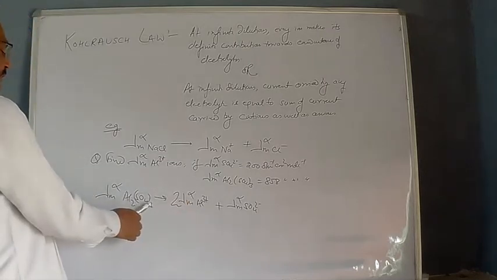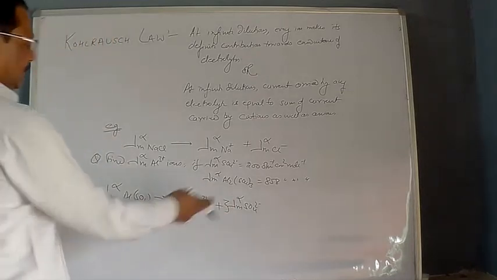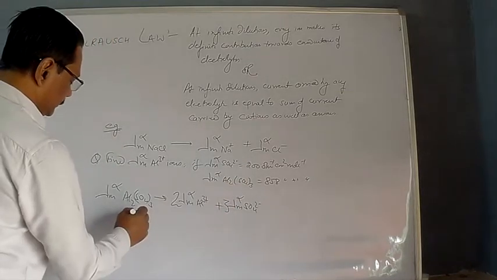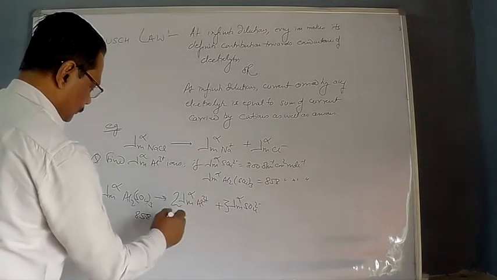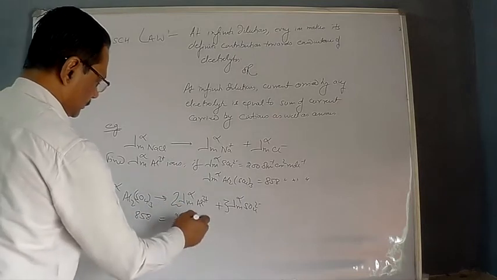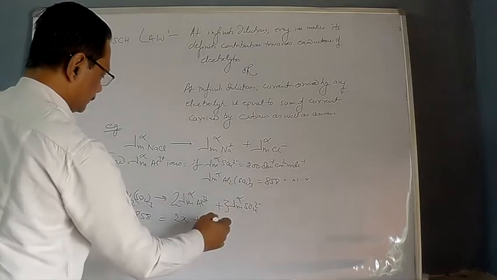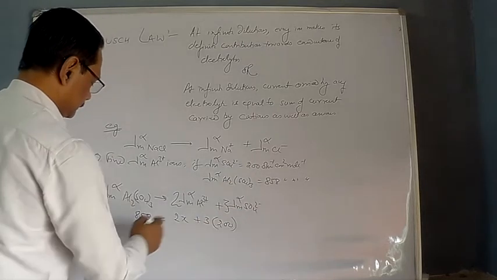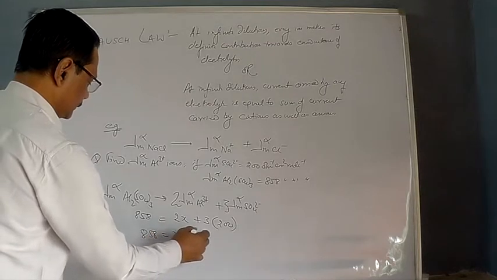Similarly, how many sulfate ions? 3. So you have to multiply by 3. Now I am going to put in the values. Aluminum sulfate 858. Aluminum we are supposed to find, so let it be x: 2x plus 3 into sulfate ions 200. Open it. 858 equals 2x plus 600.